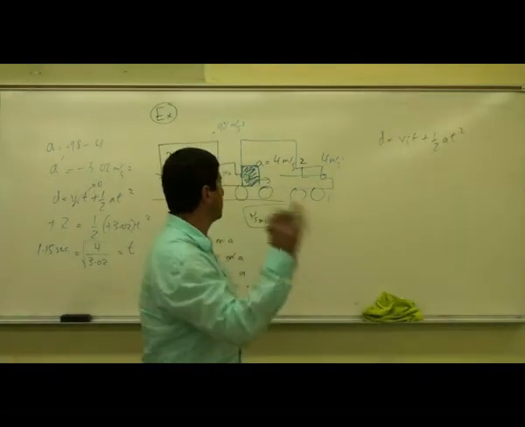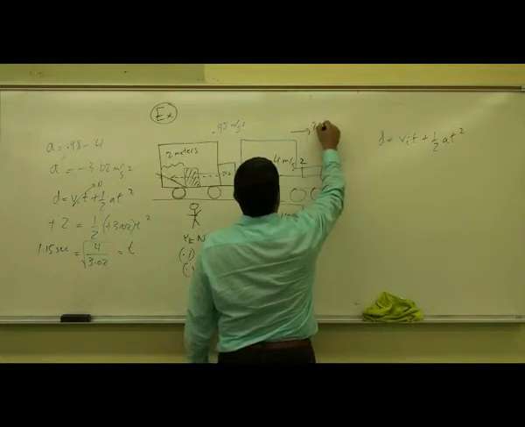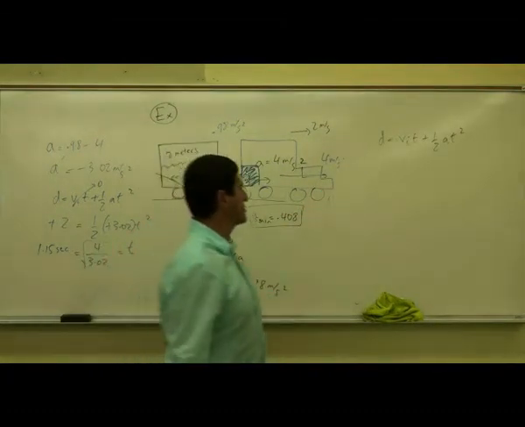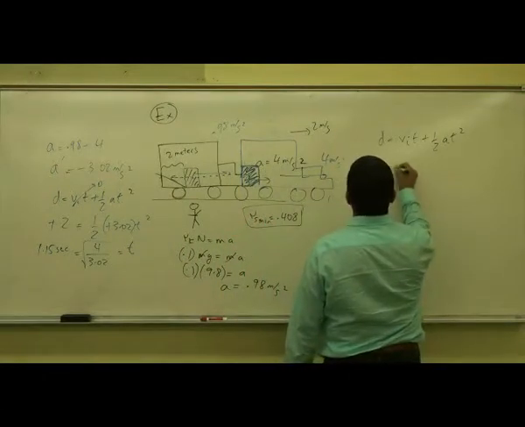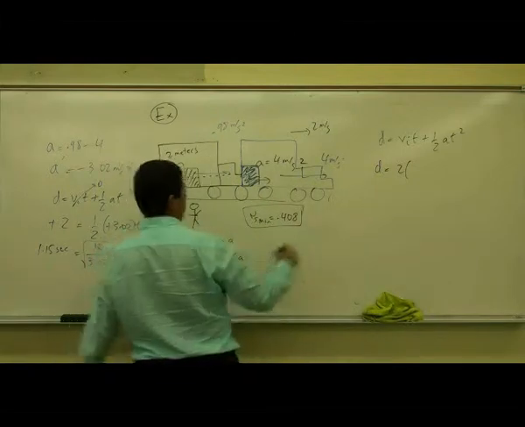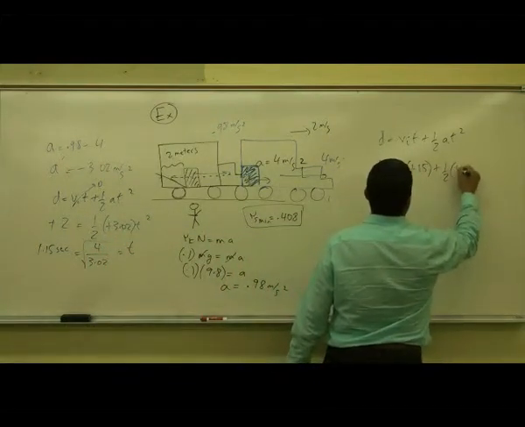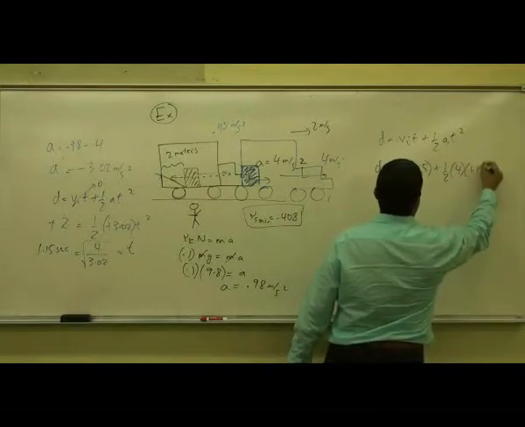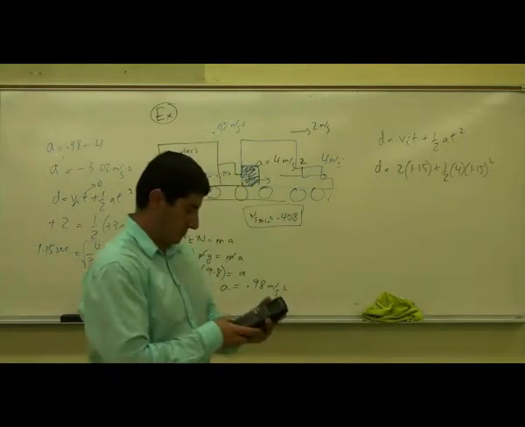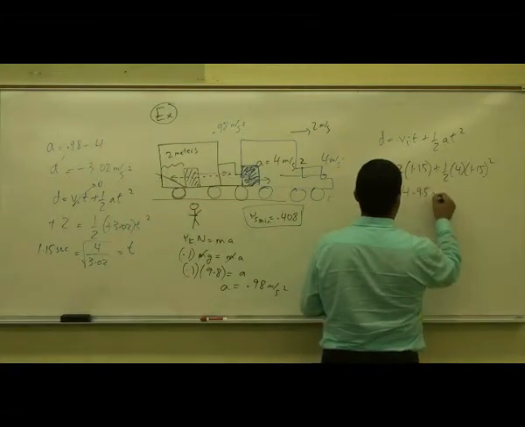Let's say the truck was going at 2 meters per second, and then it accelerated at 4 meters per second squared. So we have d is equal to 2 times the time, the time is 1.15, plus half times 4 times 1.15 squared. That's 4.95 meters.